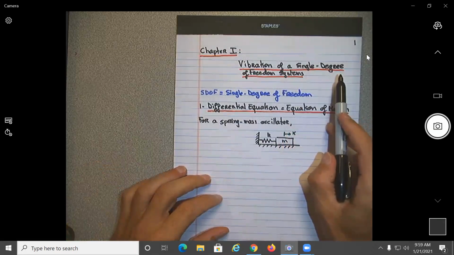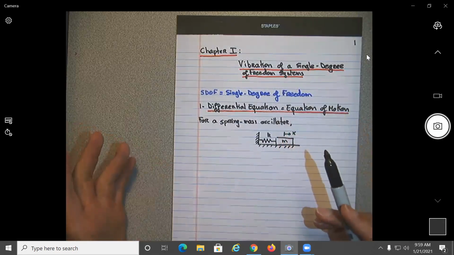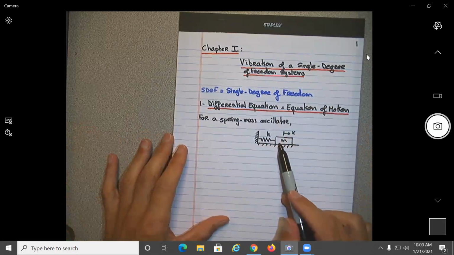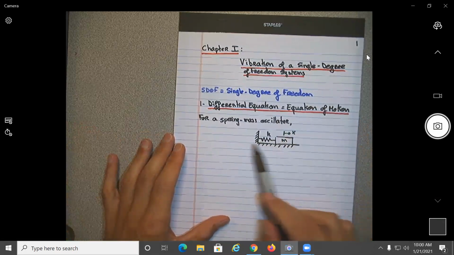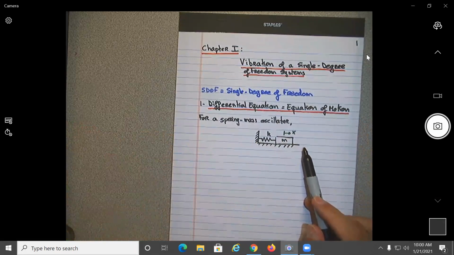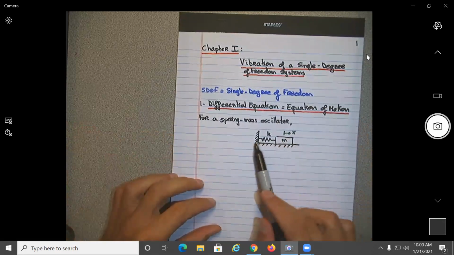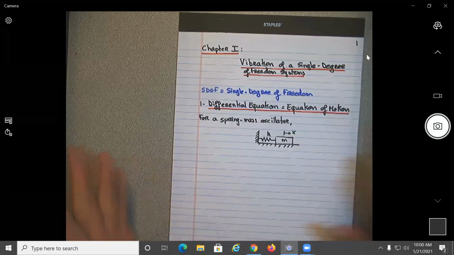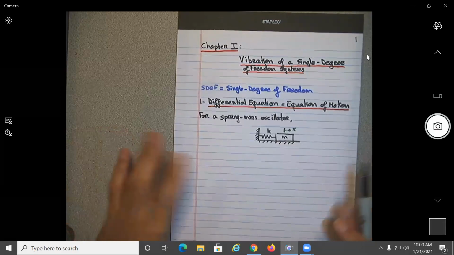Single degree of freedom. The degree of freedom refers to the type of motion you can have. So what type of motion can this block have? It can only move in one direction. So that's one degree of freedom motion. If this could slide in that direction and also rotate, that would be 2 degrees of freedom, correct? Unless you can relate one to the other, but all right.